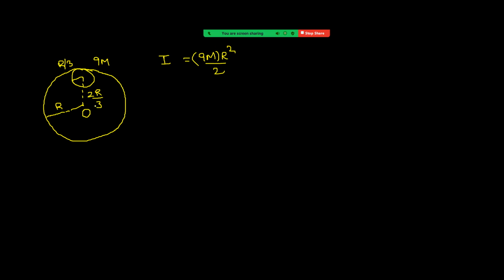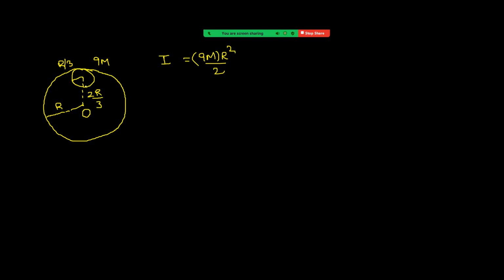Okay, so now we are removing a small disk. That means now we have to calculate, for the removed one, the moment of inertia about the same axis. Then we have to subtract. So whenever we want to add or subtract moment of inertia, it must be done about the same axis.